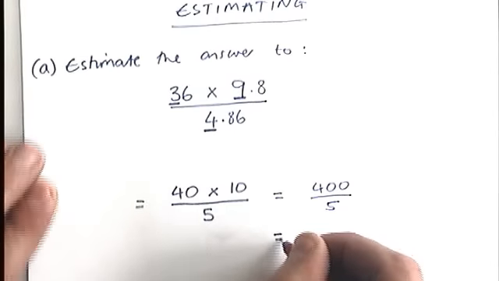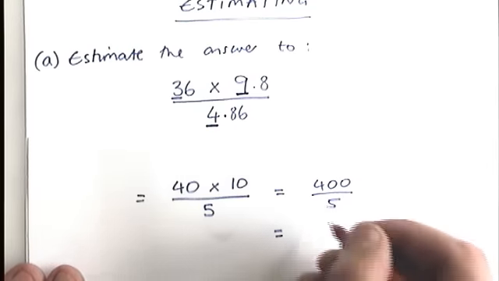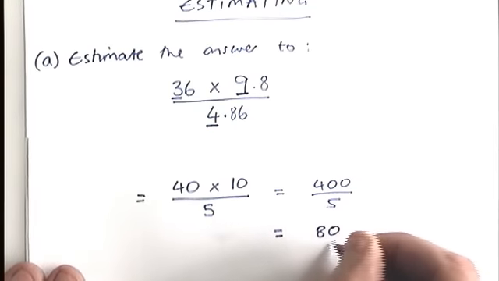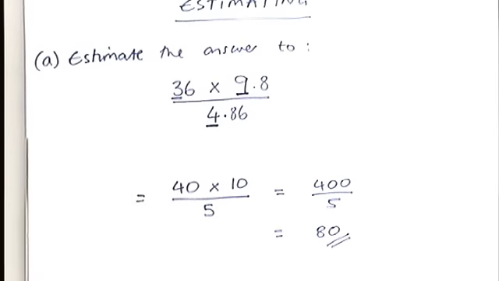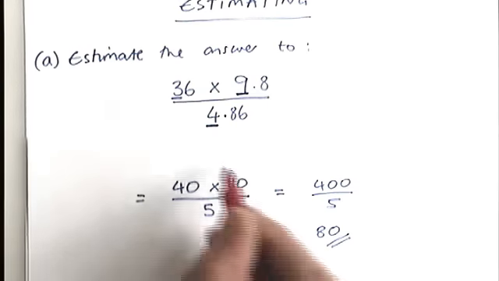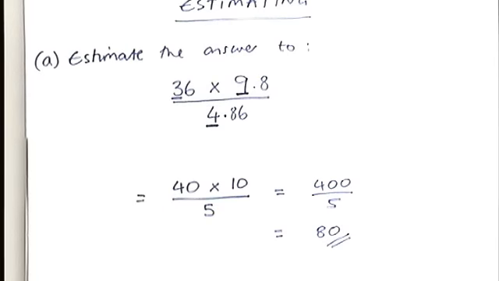Well, I know that 40 divided by 5 is going to be 8, so I think that's going to be 80. One thing to note, although I said you need this skill so that you can do things in your head, you will always need to write down this stage here where you're actually doing the rounding. The examiner needs to see that you have rounded to one significant figure.